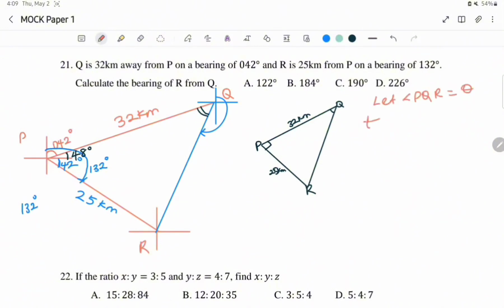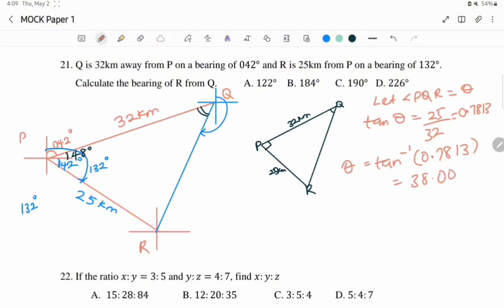That means tan theta is going to be opposite, which is 25 kilometers over 32 kilometers, and that will give us 0.7813. Theta is going to give us tan inverse of 0.7813, and that's equal to 38.00 degrees if you want to leave it at 2 decimal places, and let's just call it 38 degrees.